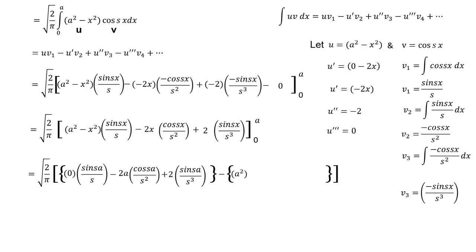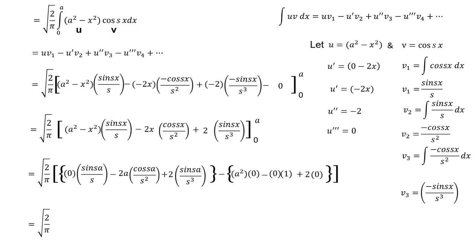Next we are going to substitute the lower limit 0 for x. So a² minus x² is a² only, and sin 0 is 0, minus 2 into 0 is 0, and cos 0 is 1, plus 2 into sin 0 becomes 0.